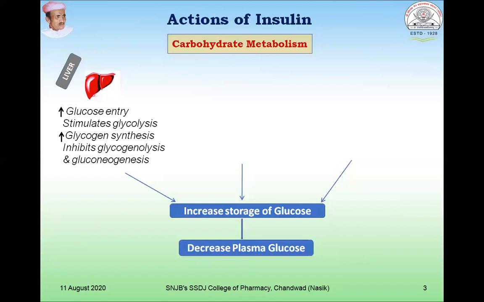It increases glycogen synthesis, thereby promoting storage of glucose in the form of hepatic glycogen. It inhibits hepatic glycogenolysis, therefore decreasing hepatic glucose output. It also inhibits gluconeogenesis and decreases hepatic uptake of gluconeogenic amino acids.